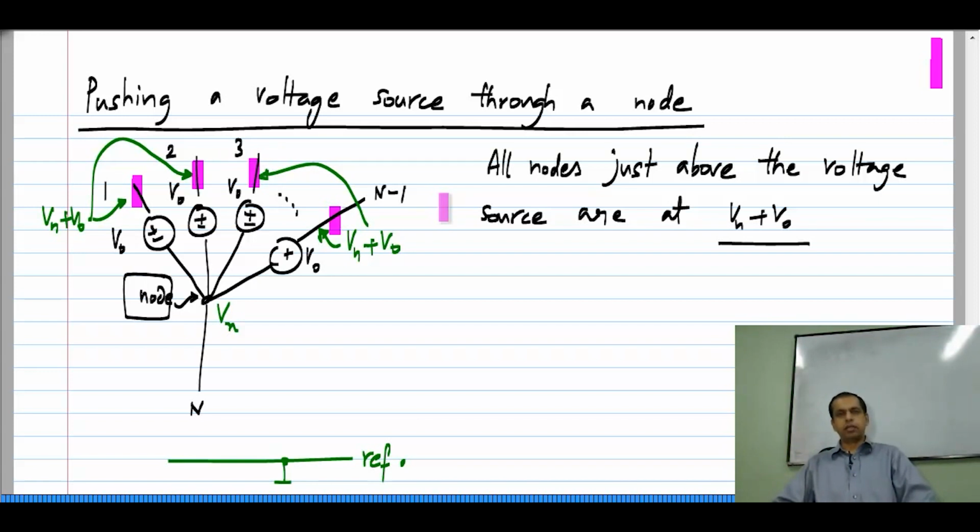Now, it turns out that if you have different nodes with the same voltage in a circuit, you can connect them together with a wire without altering anything else in the circuit. So, I will show you an example.